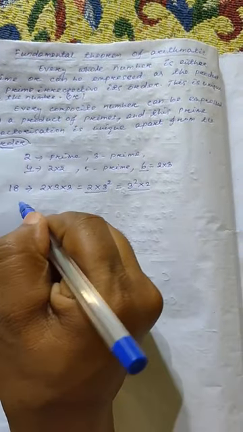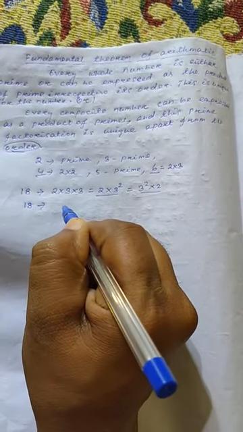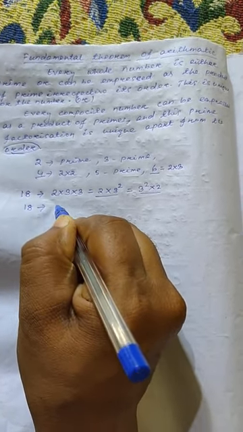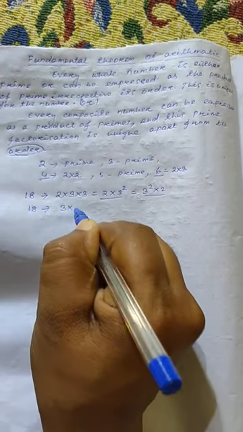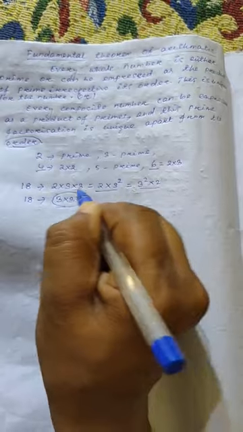But every time you get the prime factorization of 18, we have to get two 3s and one 2. That is 3 into 3 into 2. This is the uniqueness.